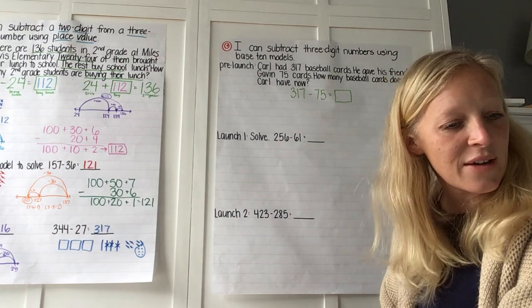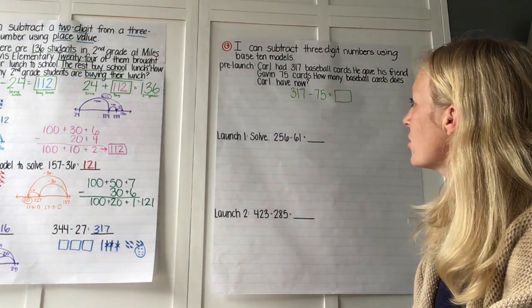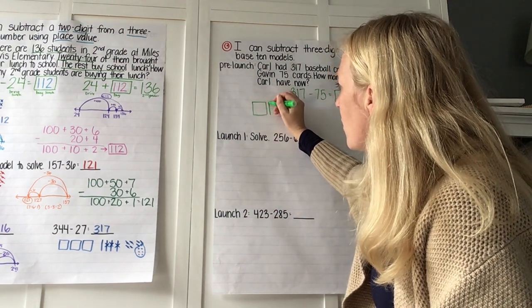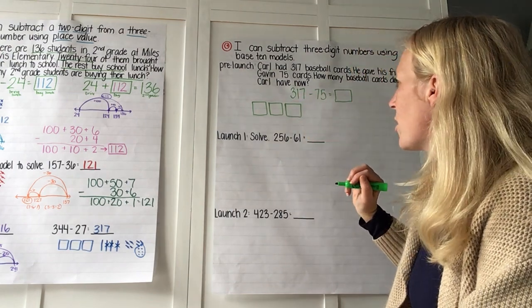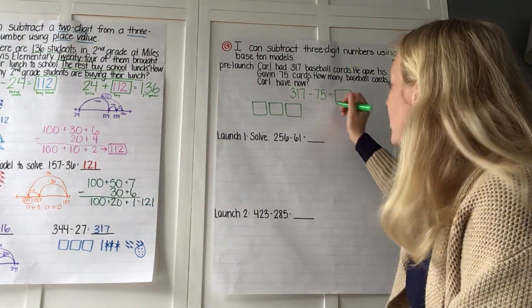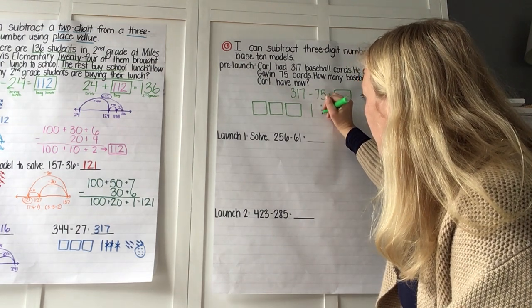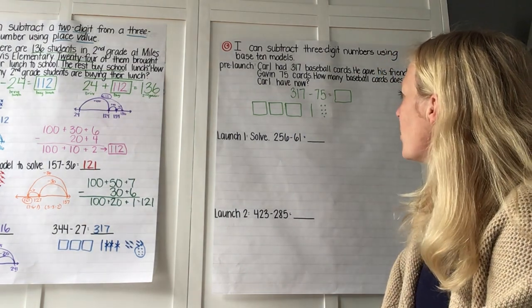I've got to show 317 first, don't I? And how would I show that using my base 10 models? 300. Tell me more, second grade. You're so smart. 10. And 7 1s. Now, how am I going to take away 75?